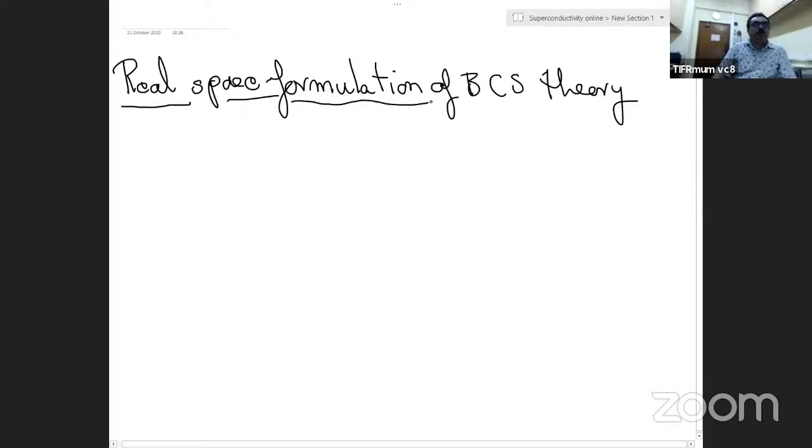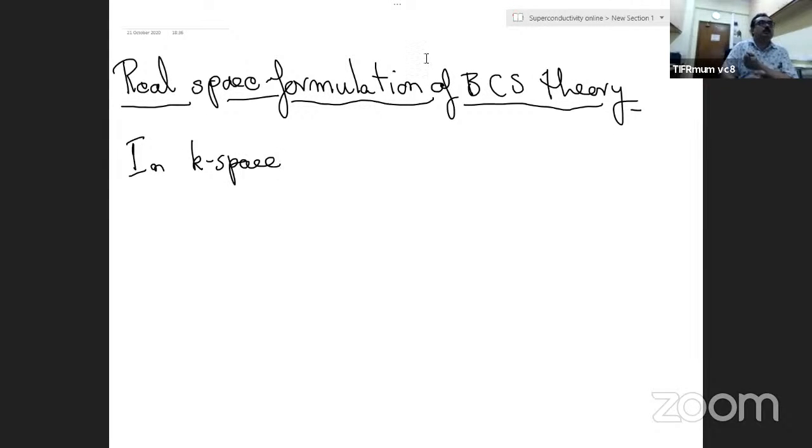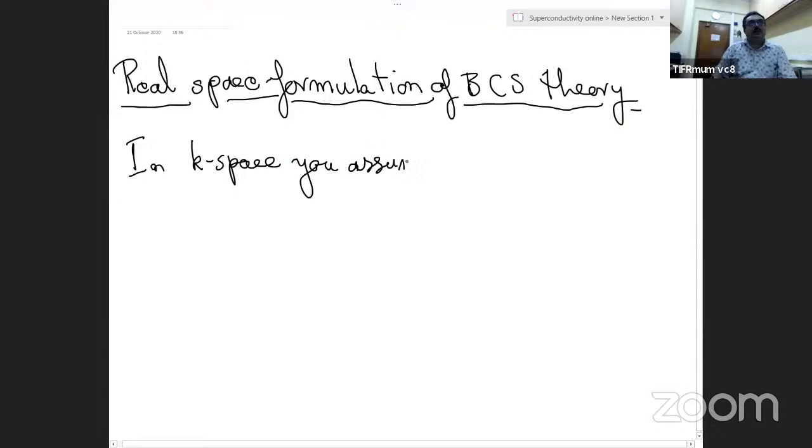That is because when you are working in K space, you assume that K is a good quantum number.